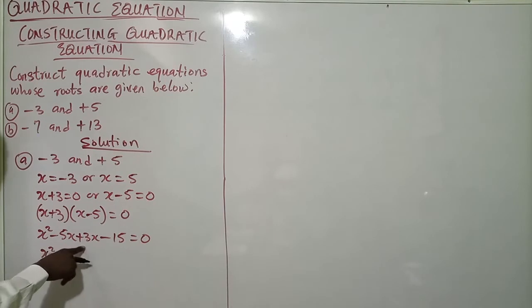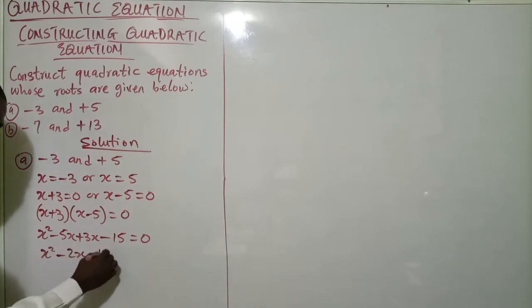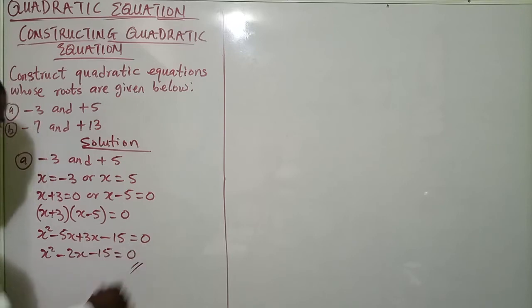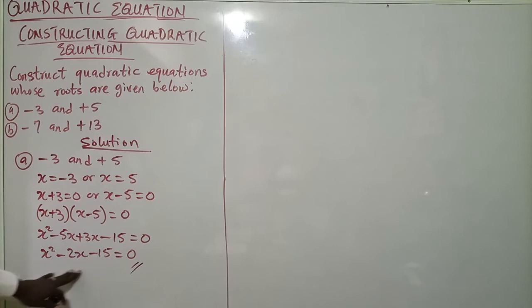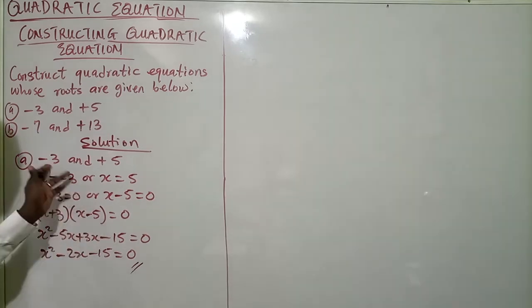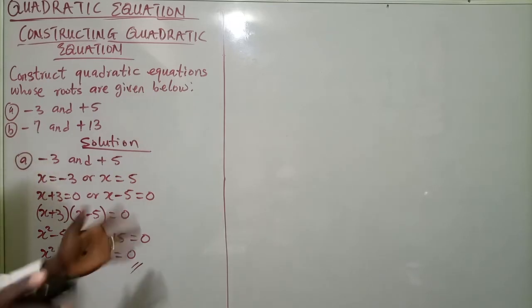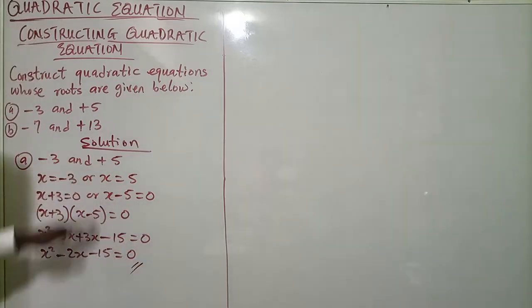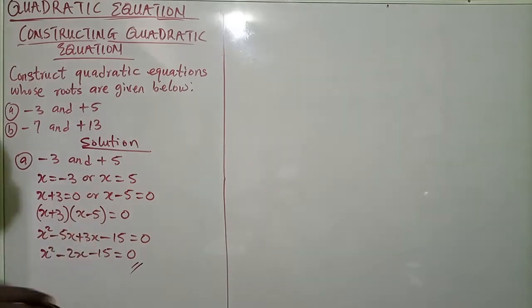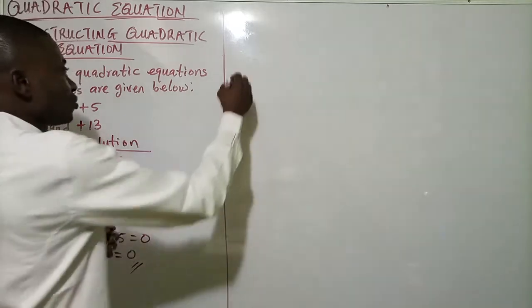So minus 5x plus 3x will be minus 2x, minus 15 equals 0. And that is our quadratic equation. We have successfully constructed our quadratic equation using these two roots provided for us. Not difficult at all. Very simple. So just follow it step by step and you get the answer.